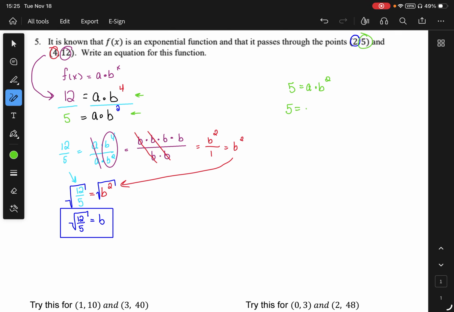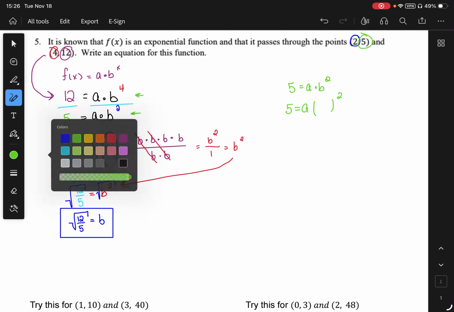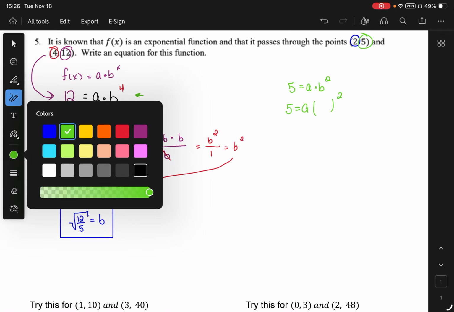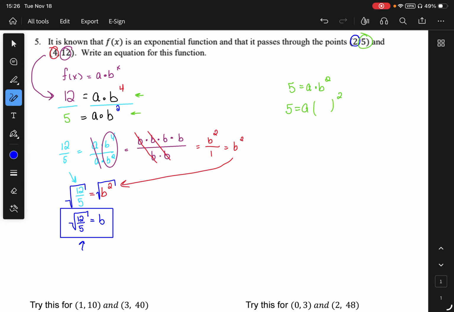What we're doing is we're solving for a. But we do know what b is because we just found it. We found it down over here on the bottom. Our b is the square root of 12 over 5. So we're left with 5 equals a, and then the square root of 12 over 5 squared, the square of a square root, it just drops the square root.